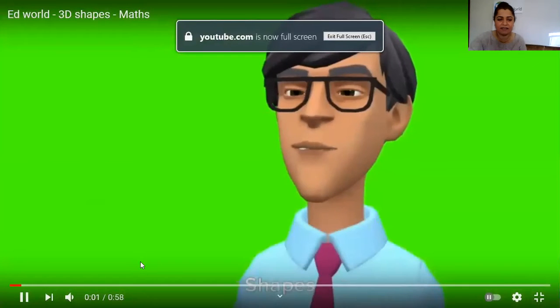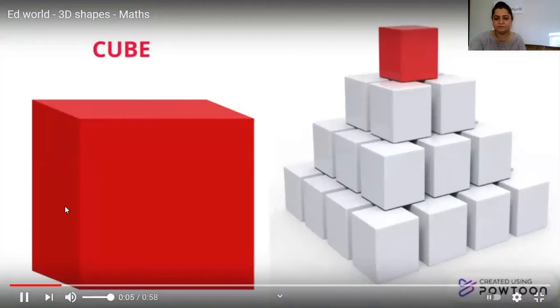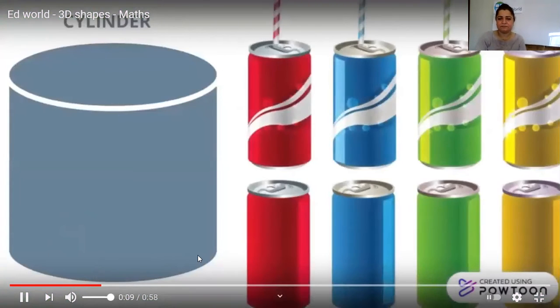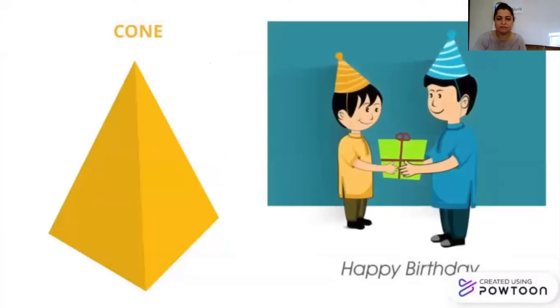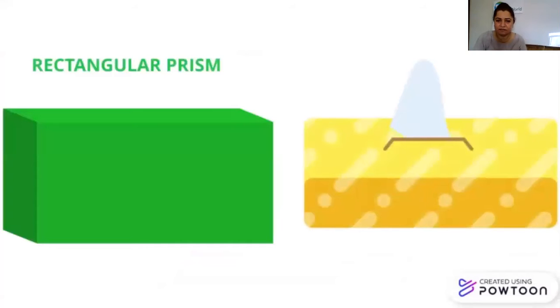Yay. Today's topic, shapes, 3D shapes. 3D shapes, cube, cylinder, cone. Wow, there are different types of cones. They're wearing a cone hat. Rectangular prism. Yeah, that's a rectangular prism.